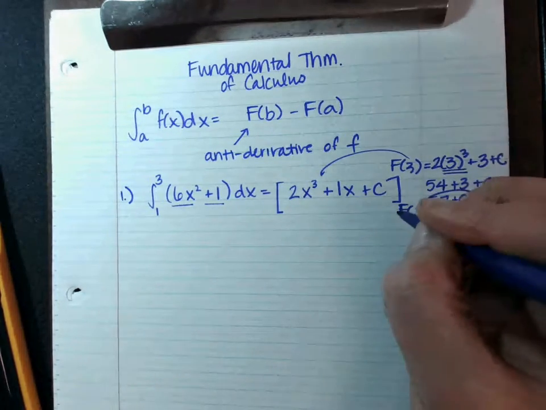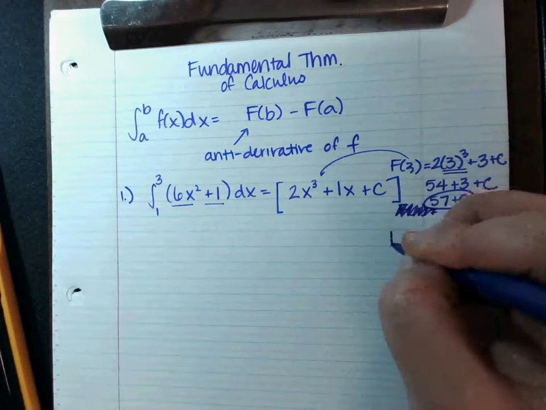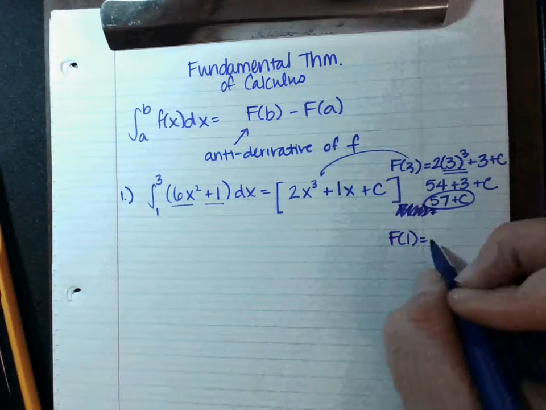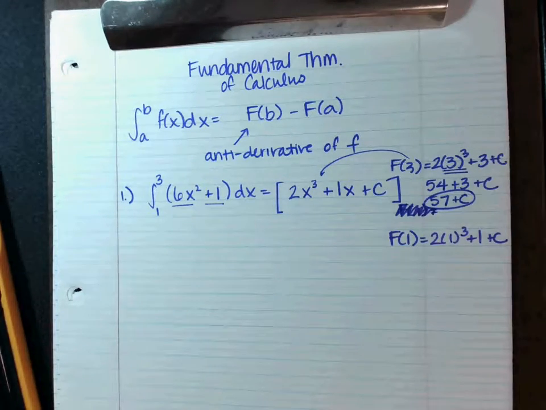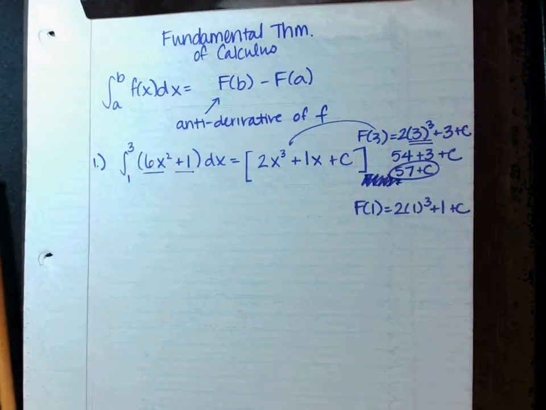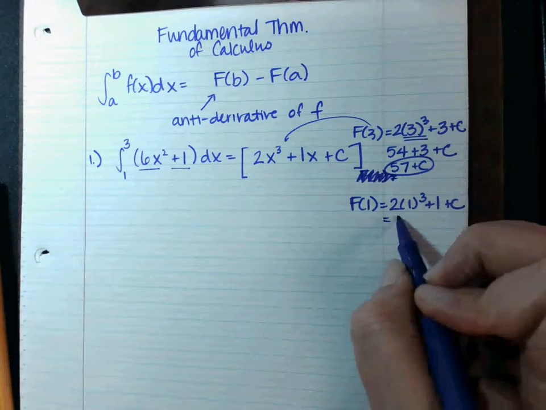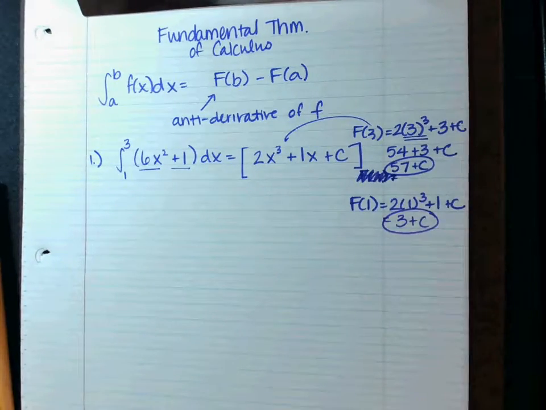Okay, I'm going to give myself a little more room here and move my F of 1 down. Okay, F of 1 is going to be 2 times 1 cubed plus 1 plus c. 2 times 1 cubed is still just 2. 2 plus 1 is 3, so this is 3 plus c.